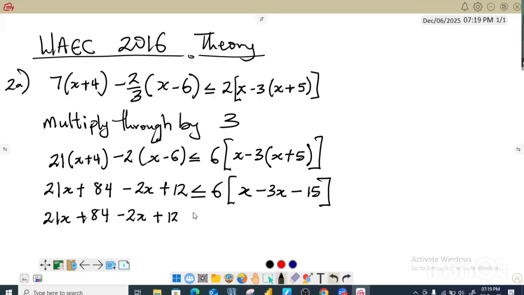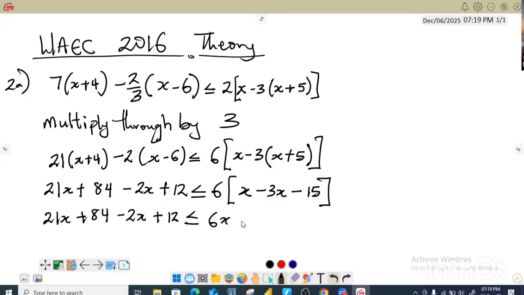Do not pack it as x squared, because there's an operation separating them. It's only 3 that is multiplying what is in that new bracket. This x that is outside has no business with this new bracket. Do you understand? So we can open with the 6 now.